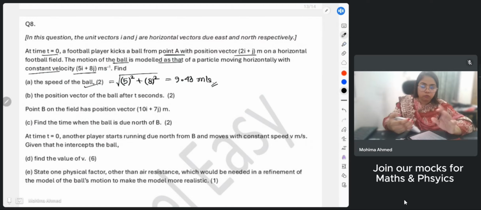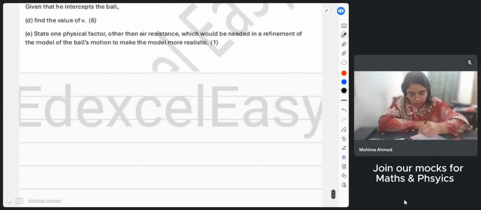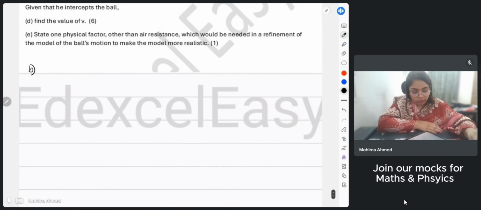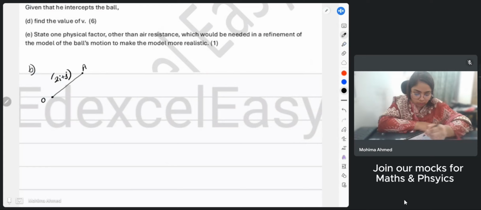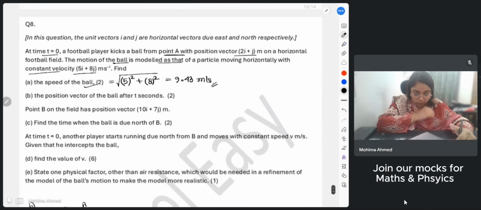It says again the position vector of the particle after t seconds. Now, for these cases, I always draw a diagram. Originally it was at the origin, right? But the journey didn't start from the origin. The journey started from point A, which was 2i plus j meters away from the origin. This is where the journey started. And from this point, it starts traveling with a velocity of 5i plus 8j.